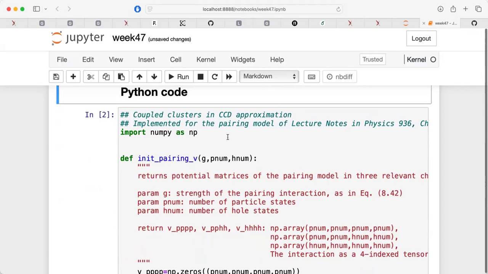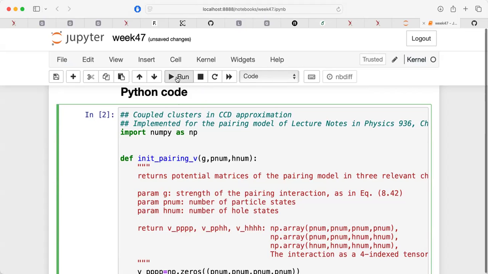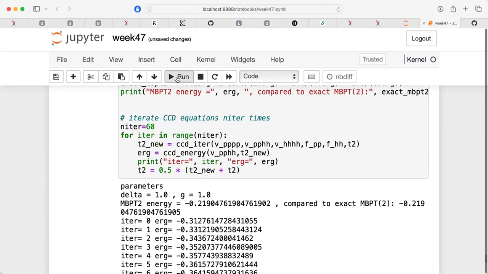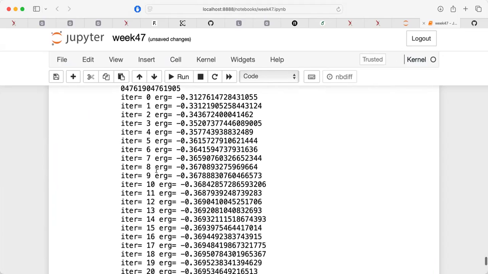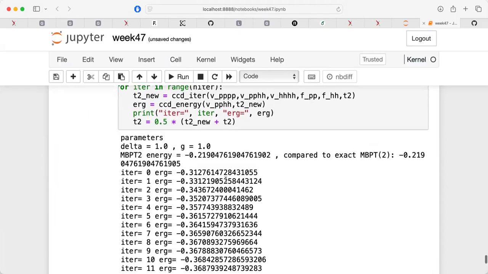Now, if I run my coupled cluster equations, which I'm going to discuss in more detail next week, you will see that when I start iterating, my first iteration is the many-body perturbation theory. This is the first iteration for the contribution to the correlation energy. Then I keep adding, so this also includes the single particle energies.